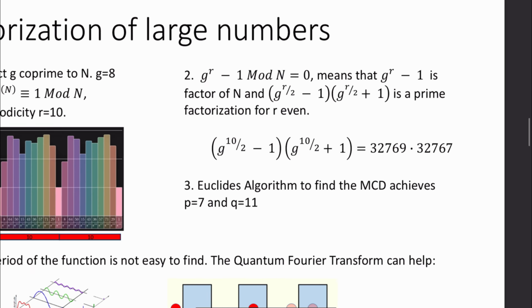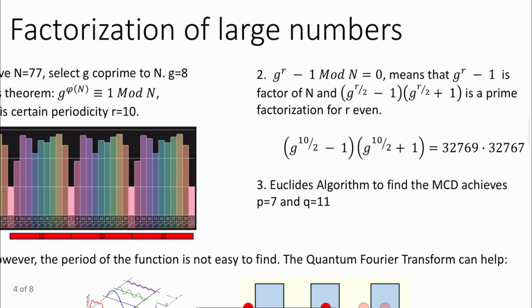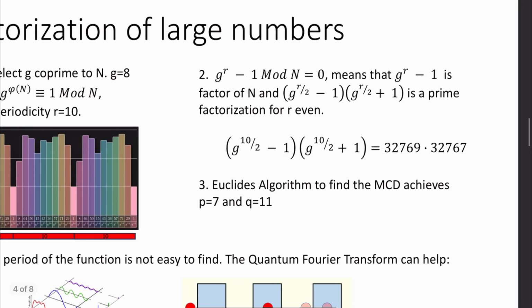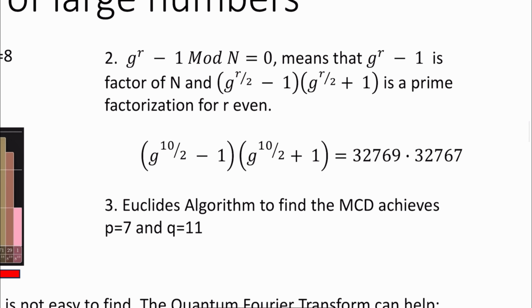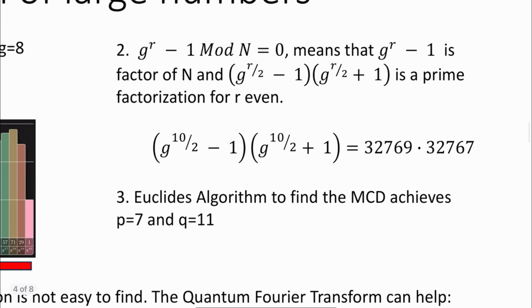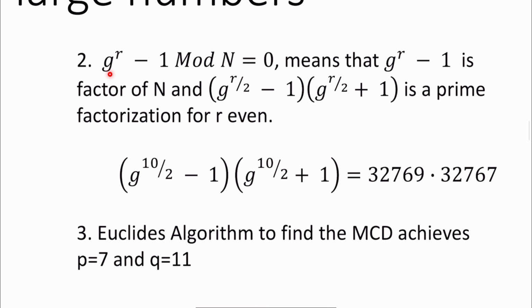Now, let's assume that we already know this value r because we have this sequence. If we have that g to the power of r is 1 modulo n, now we can say that g to the power of r minus 1 modulo n equals 0, which means that it is a multiple of n.